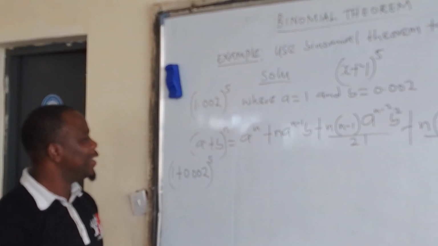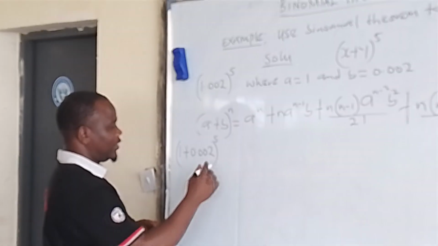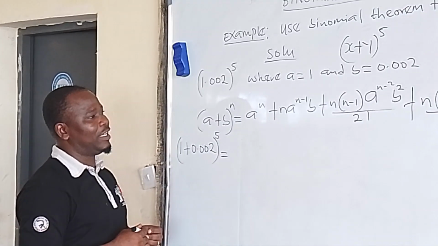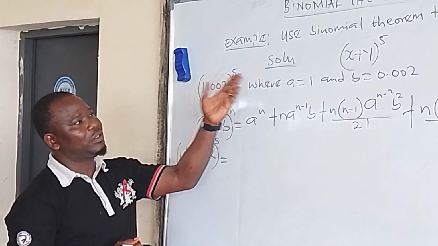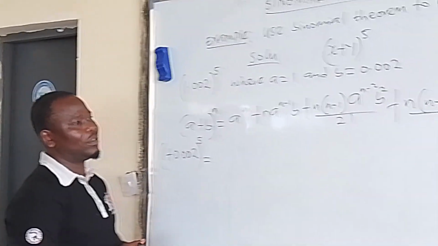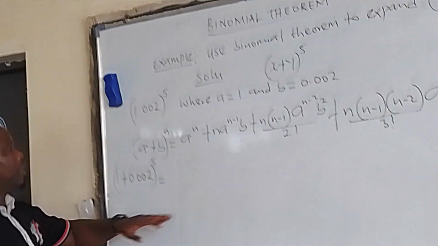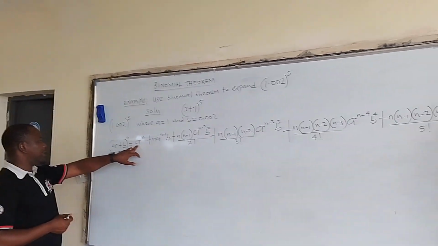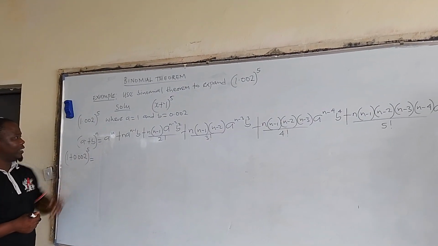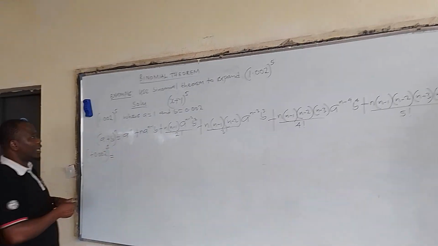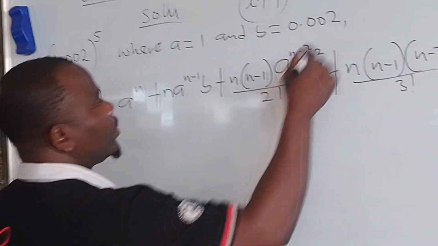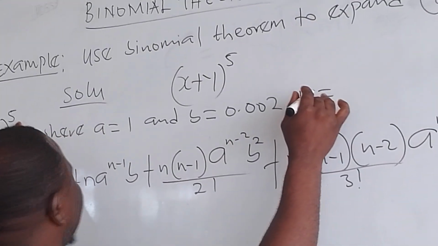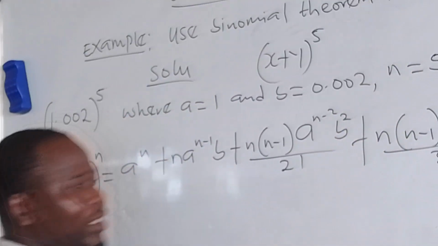So let's solve it together so that you will not find it difficult. In case you come across something like this, it is not difficult. Just follow me. Our a here is 1, isn't it? Then our n, don't forget, this is the power, which is 5. Is that clear?